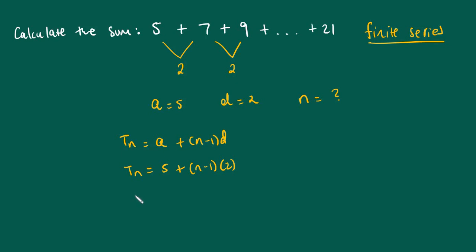You multiply 2 into n minus 1. Therefore, you get 5 plus 2n minus 2. So Tn, the nth term, is equals to 2n plus 3. Now you got the general term.